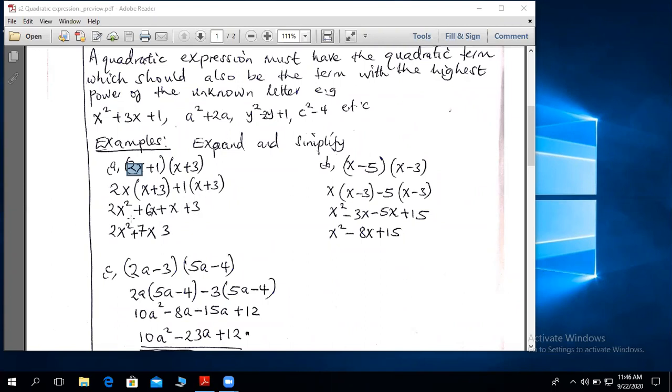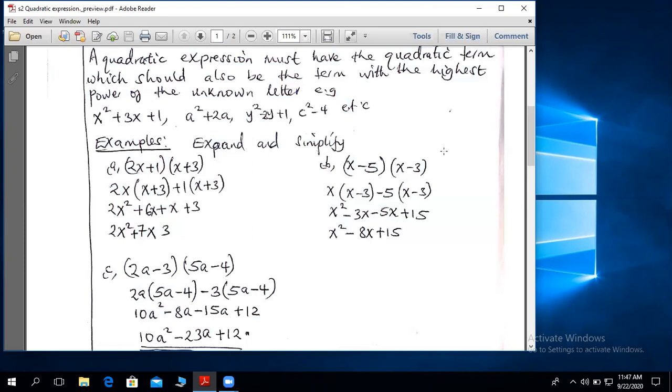So finally, we add, because these two are the same, 6x plus x, and we shall have 2x squared plus 7x, plus 3. So the answer is 2x squared plus 7x plus 3, which also gives you a quadratic equation.